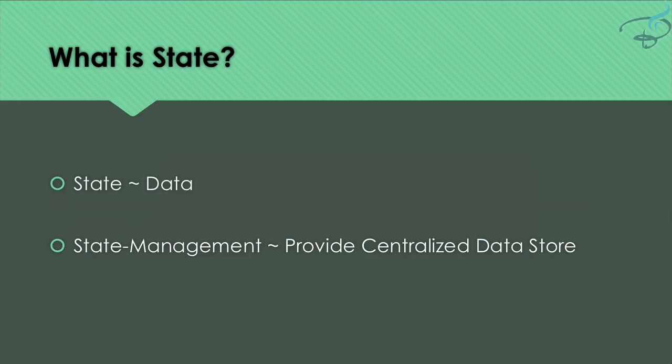This is actually what Vuex is capable of doing. That's why it is state management. It just manages your state, or simply your data, for the components, and provides a centralized data store.